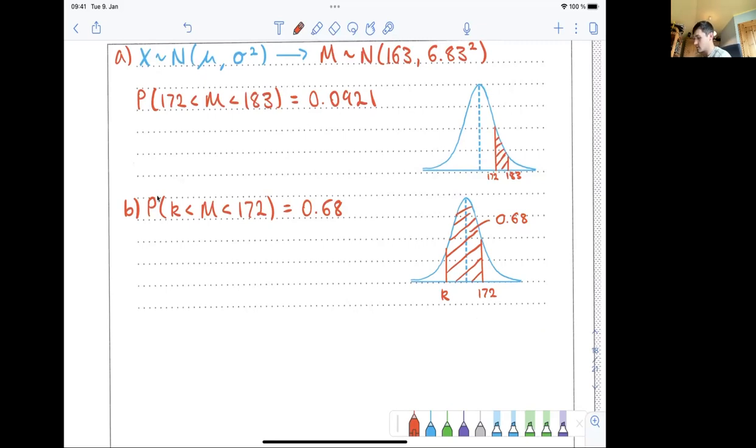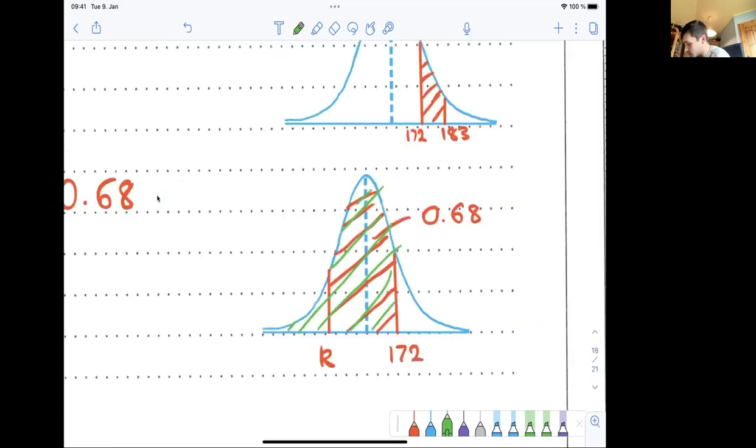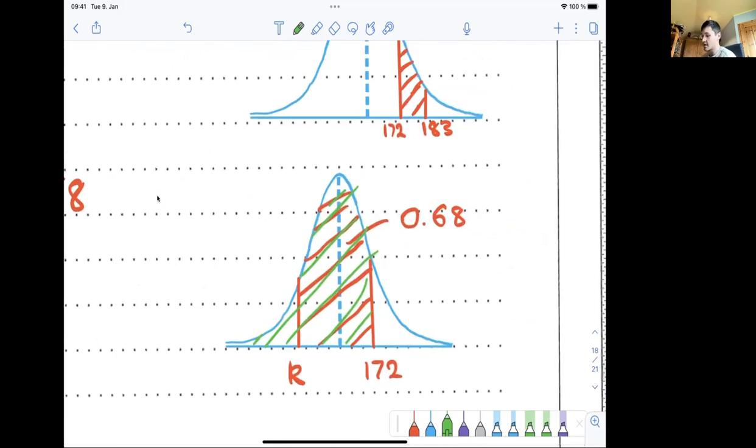Now we need to find the value of K, and there are a number of ways you can go about this. What I think will be the best way is to find the area to the left of 172, so all of this, and find that value.